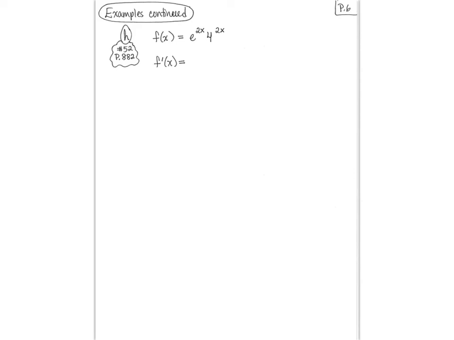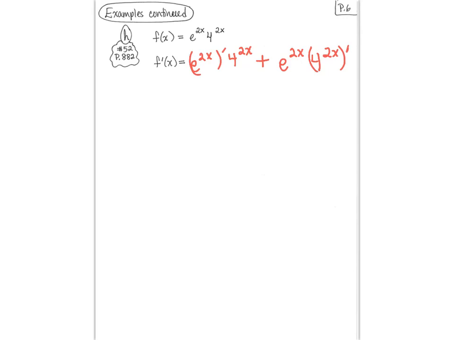So here, remember the product rule says that, hey, e to the 2x, take the derivative of that, multiply that by 4 to the 2x, then add to that e to the 2x times the derivative of 4 raised to the 2x.